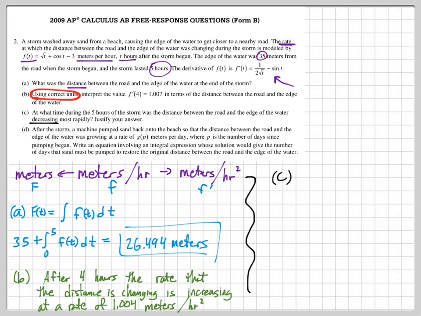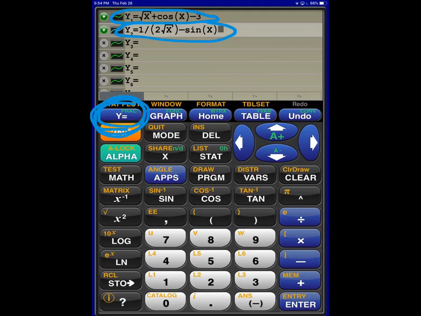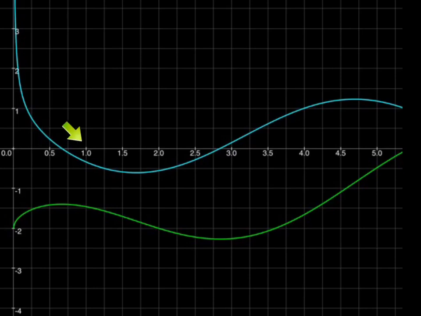Whenever you're looking for an absolute minimum or an absolute maximum, not only do you have to plug in the critical values, but you also have to plug in the endpoints. So with the help of our calculator, I'm just going to take a look at the graphs and help you guys interpret what they mean so we can do the first derivative test. You can see here in the light blue curve, this is F prime.